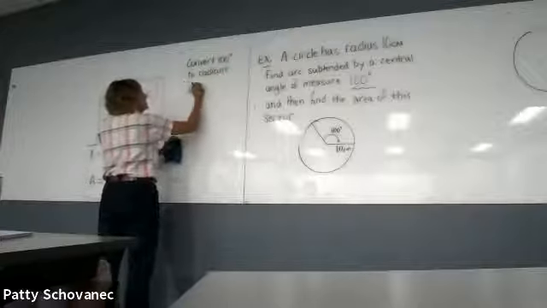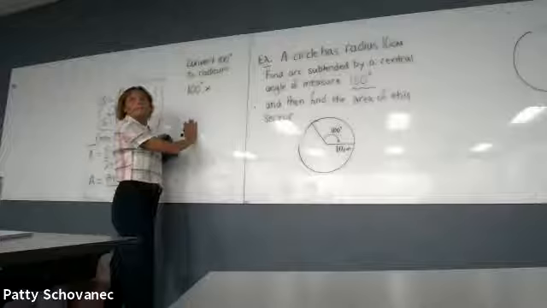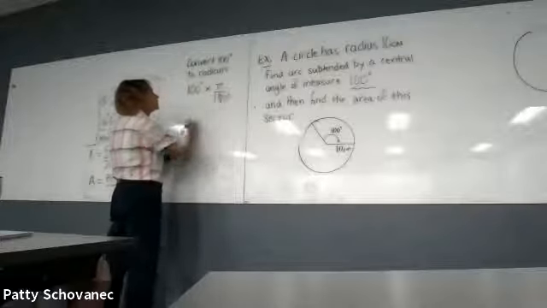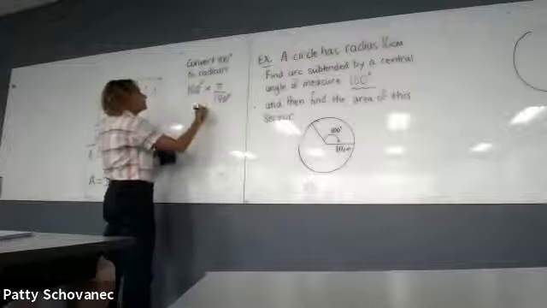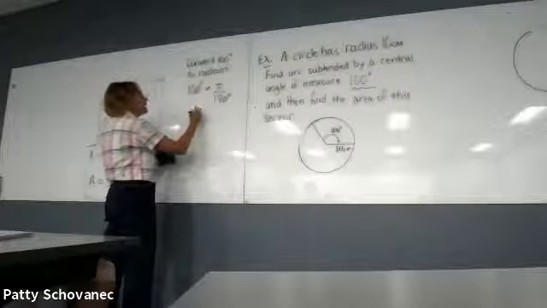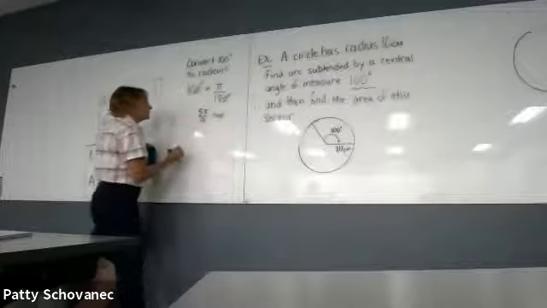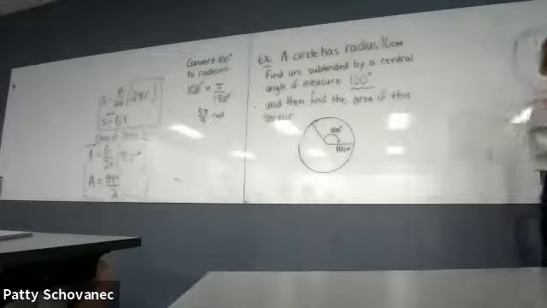So we take our 100 degrees and multiply by what? Pi over 180. So I can cancel a 0 in the degrees. 10 pi over 18 gives me 5 pi over 9 radians. So then the next question is, what part of the circle is 5 pi over 9 radians?